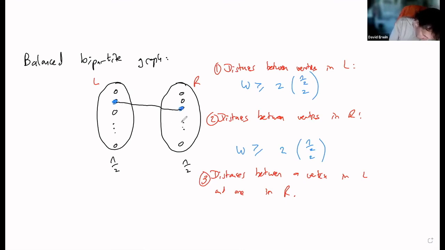Because in order for them to be at distance 2, so for example, hypothetically speaking, if there's a vertex there somewhere which is distance 2 away from this vertex, then you'd either have to go across here to a vertex there, which then goes to this vertex, and that's a problem because this is a bipartite graph, and there are no edges in that partite set. Or you'd have to do the same thing over here. So you have to go here somewhere and then across. And those 2 things can't happen. So we have 2 possibilities. And those 2 possibilities are, when we're looking at pairs of vertices in distinct partite sets, that they're either at distance 1 or they're at distance at least 3.